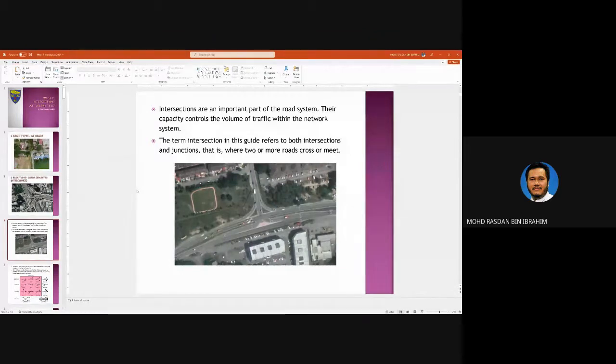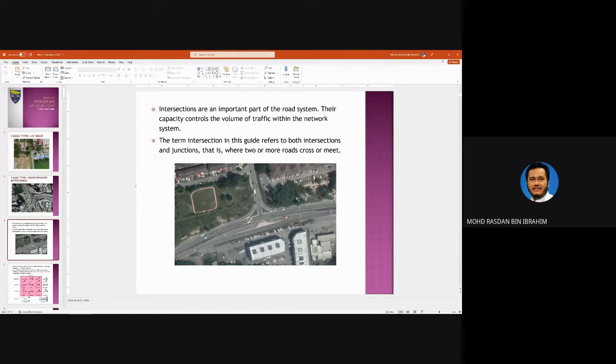Even if our link has a good level of service, if our intersection performs badly, then the entire network will be affected. So it is a combination of capacity and level of service of the links and the intersections.